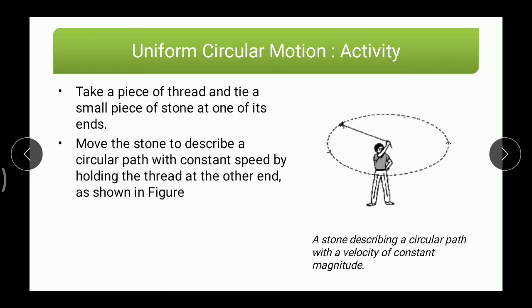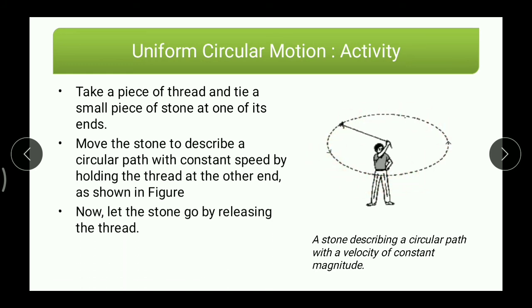You have to move the stone to describe a circular path with a constant speed by holding the thread at the other end, as shown in the figure, so that the stone revolves around the boy.